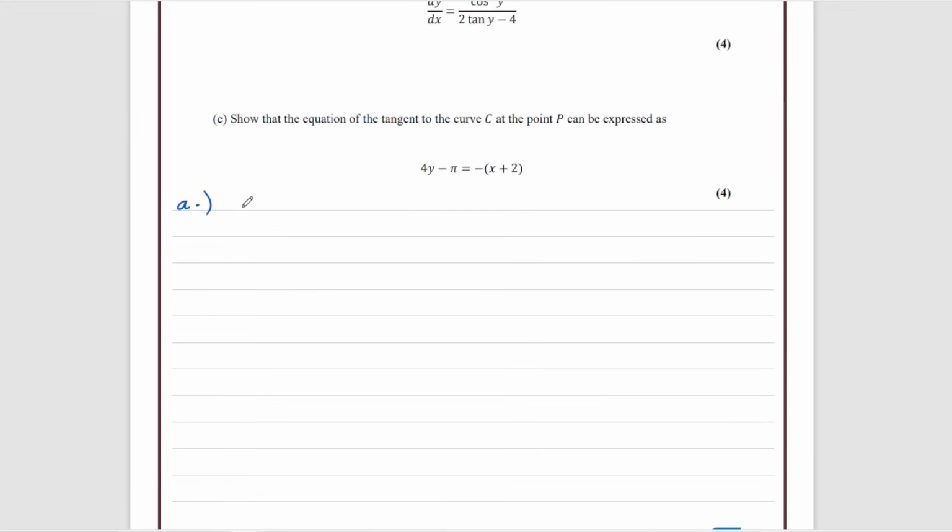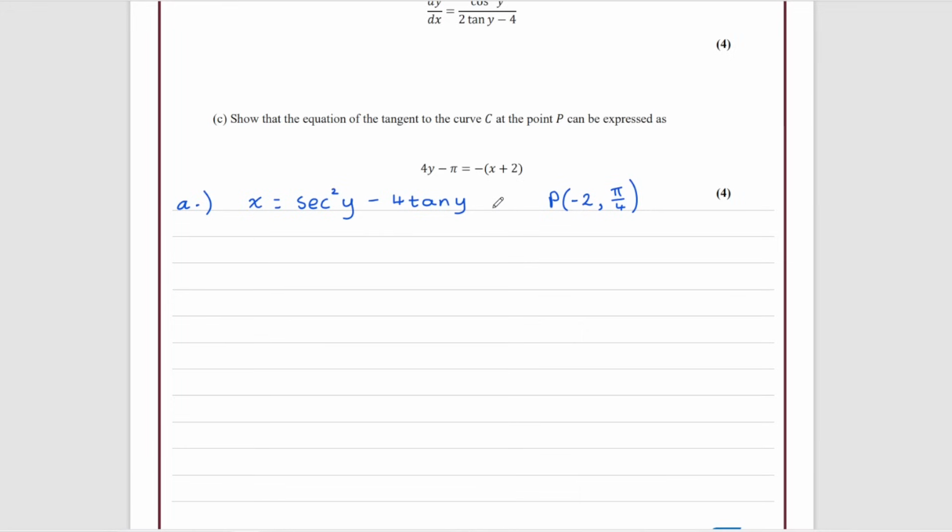So for A then, to show that this lies on the curve C, don't forget the equation we're given is x equals sec squared y minus 4 tan y. And the point we had for P was -2 and pi over 4. So if P lies on this curve C, then when I substitute this point into the equation, the equation should hold.